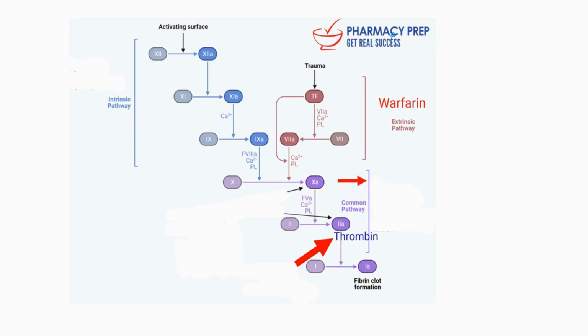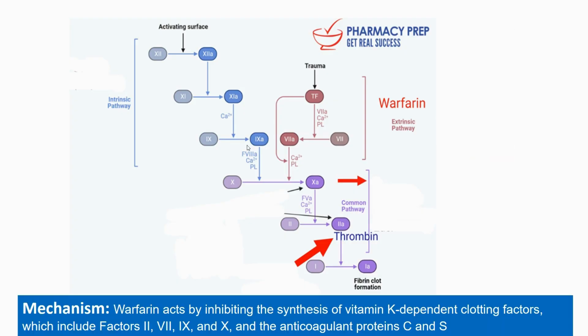So warfarin works through the vitamin K clotting factors, such as factor 2, 7, 9, and 10. So these are the factor numbers that are related to the vitamin K metabolism in the liver, and warfarin blocks that, and that helps in lowering fibrin formation.